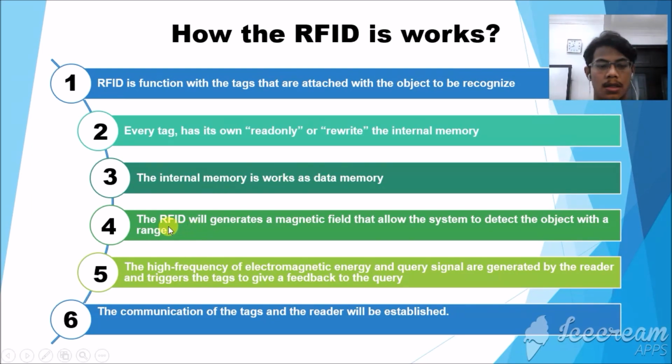Then the RFID will generate a magnetic field that allows the system to detect the object within a range. Thus, high frequency electromagnetic energy and a query signal are generated by the reader and trigger the tag to give feedback to the query. Then the communication between the tag and the reader is established.